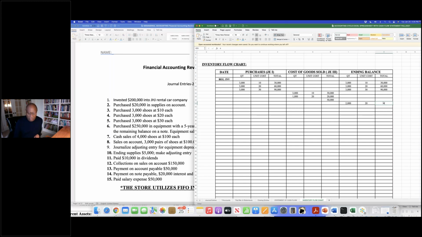We have all of the 3,000 at 30, 90,000. So that's what we got left. And our cost of goods sold is 50,000 for the 4,000 we sold. We had 9,000, we sold 4,000, we got 5,000 left. Are there any questions?